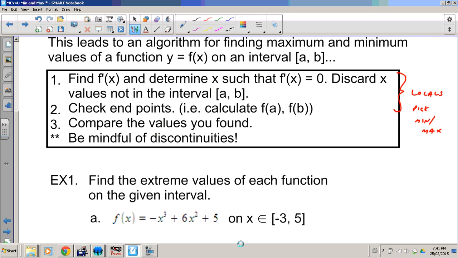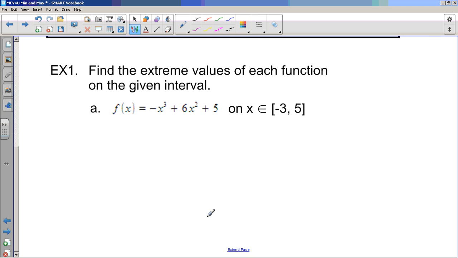Here we go. Find the extreme values of each function. So in this case, let's do the first thing, which is take the derivative, negative 3x squared plus 12x, and then set this equal to 0, because minimums and maximums happen where the derivative is equal to 0.